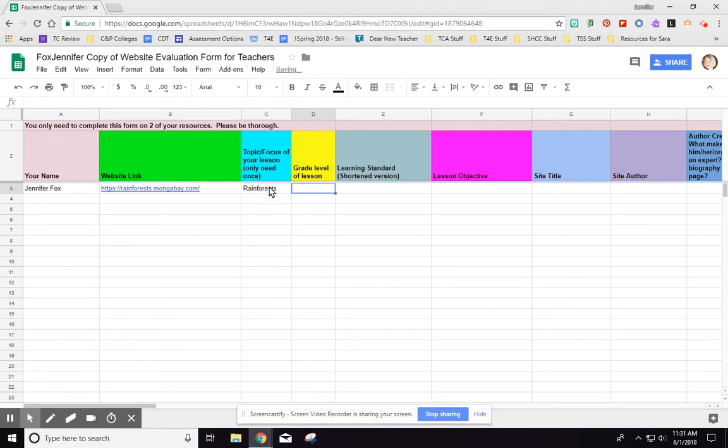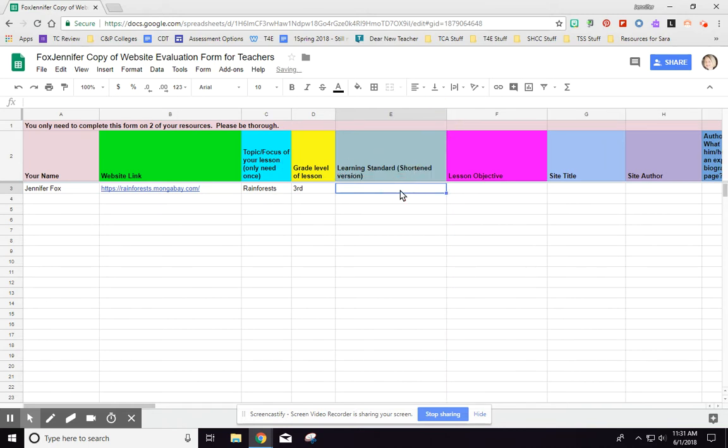Rainforests, grade level, 3rd. The learning standard you will get from the Missouri Learning Standards, and you're just going to write a shortened version of that here. I'm not going to go there, but a possible lesson objective: the students will describe animals in the rainforest.